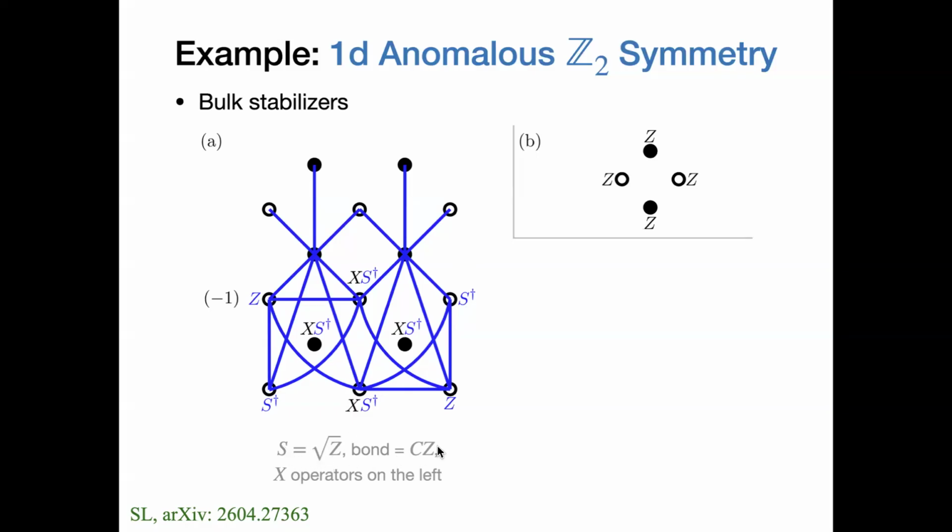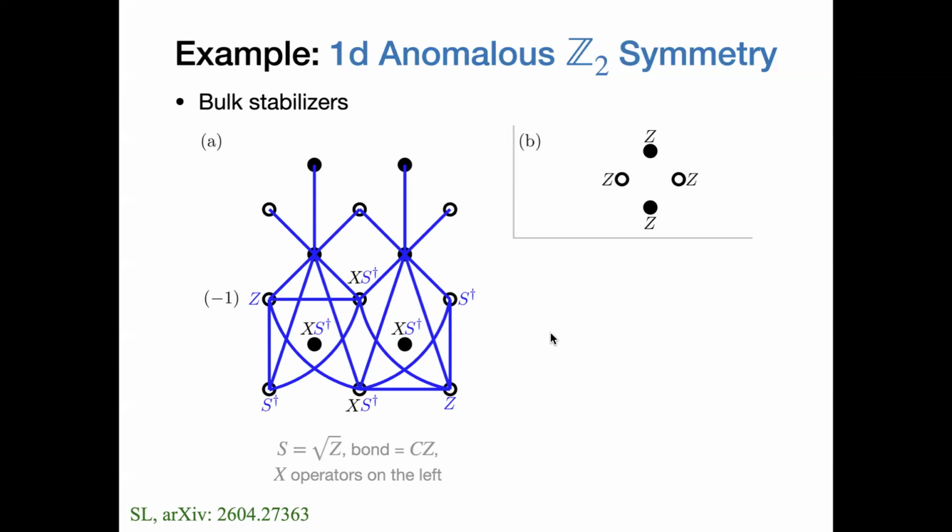In this picture, S is the square root of Z, the S gate, and each blue bond represents the controlled-Z gate. The X operators do not commute with these diagonal operators, so my convention is that when I draw this picture, the X operators are multiplied on the left, and all the other diagonal operators are multiplied on the right.